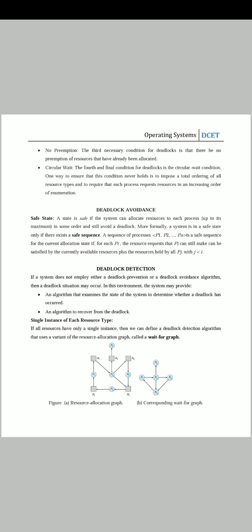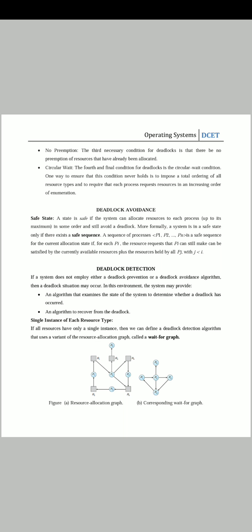In deadlock detection, as I said earlier, there is a resource allocation graph. The resource allocation graph has a number of resources and a number of processes. For single instances, each resource has only a single instance.